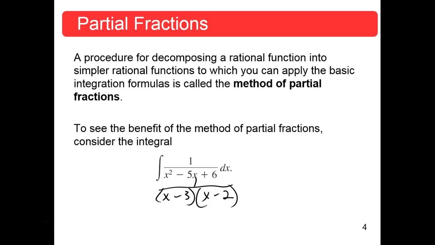Now, this is going way back in math, and hopefully it's not too confusing. If I had 1 over 3 times 2, that's 1 over 6, right?